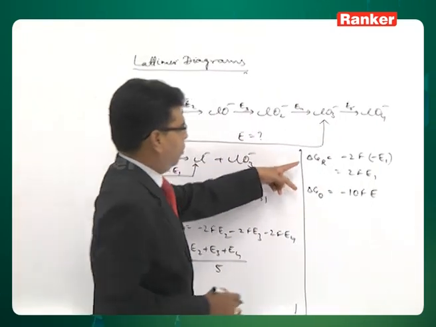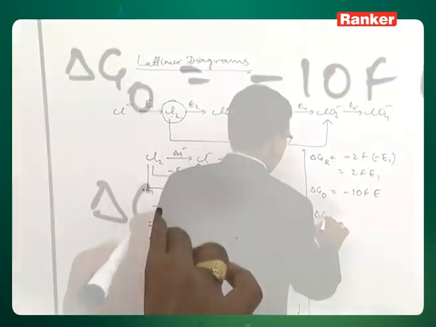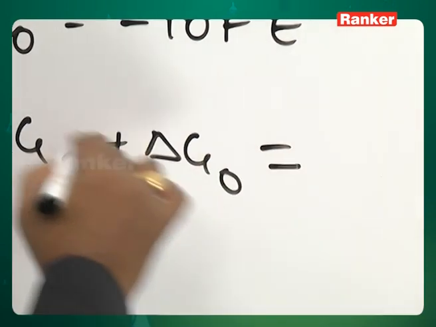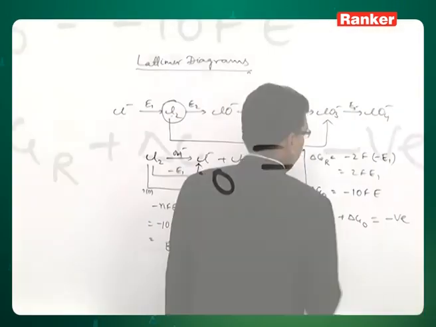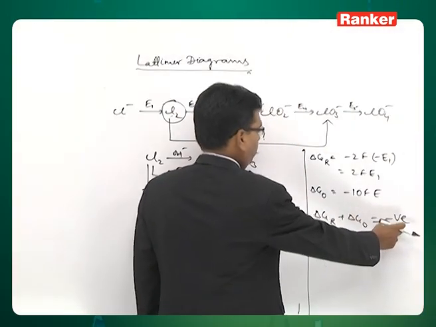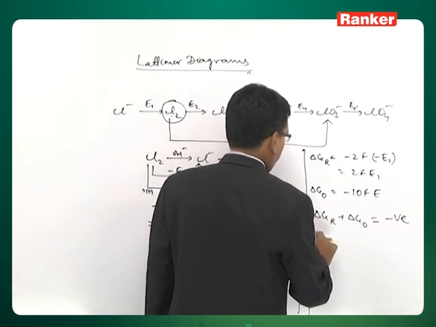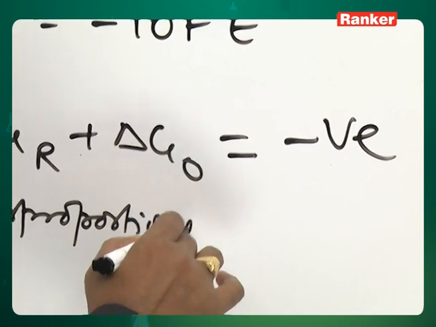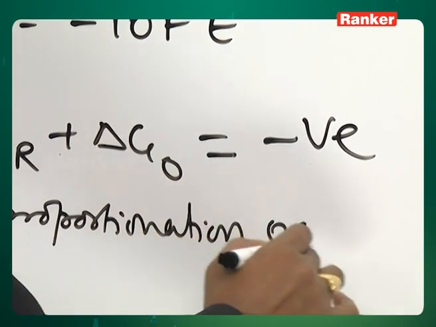Now, you take these two, delta G reduction plus delta G oxidation, if this result is negative, then disproportionation takes place. Disproportionation occurs.